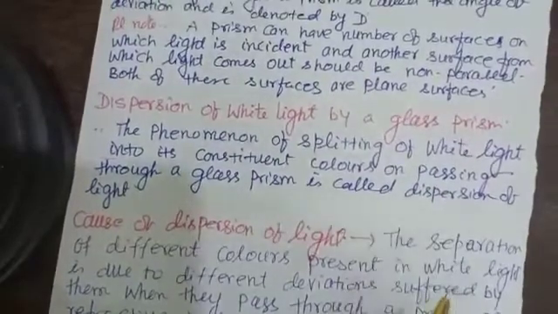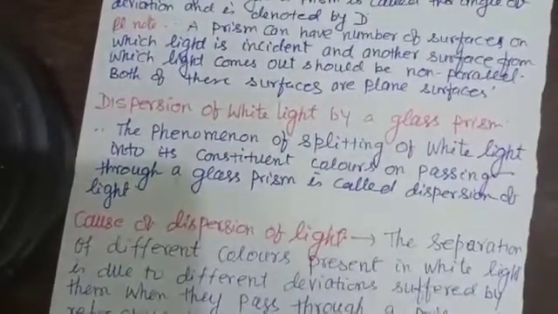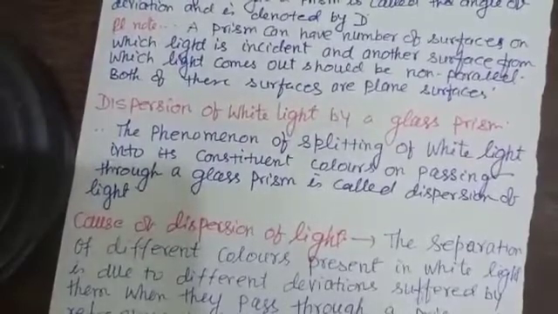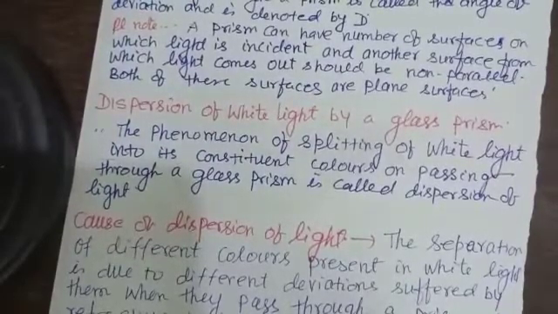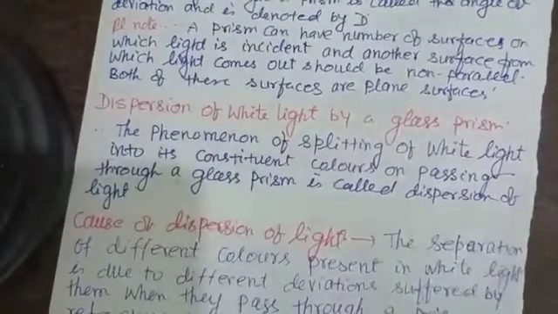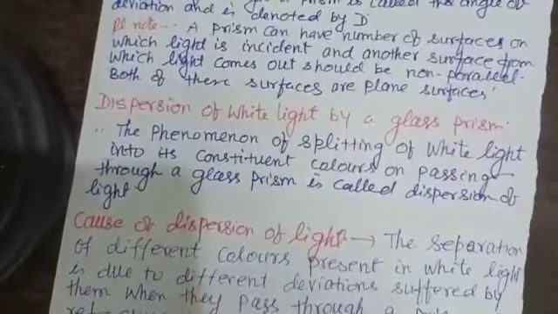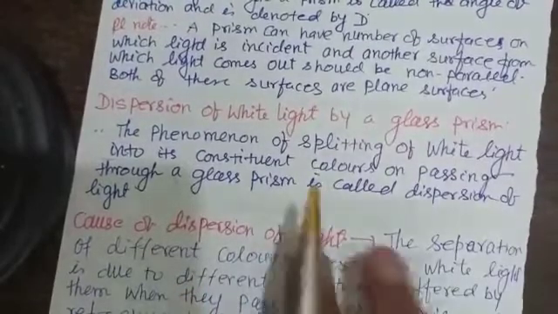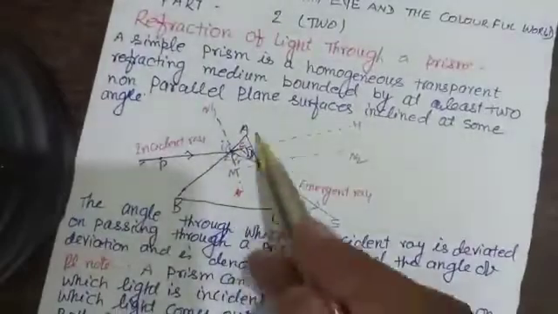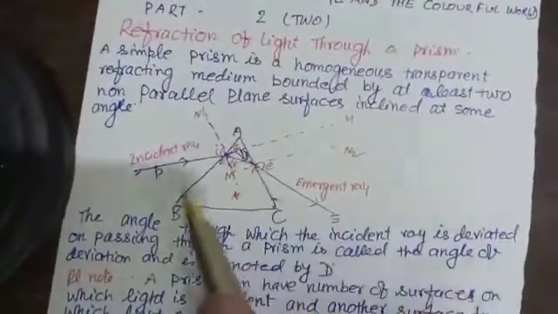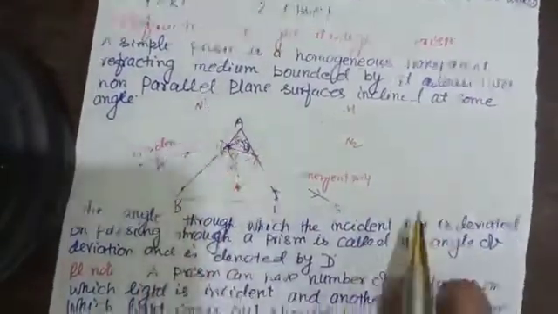So you can simply say that the refractive index of a medium is different for different colors of white light, which are already existing. So the dispersion in a prism takes place because the refractive index of the prism is different for different colors already existing in white light.